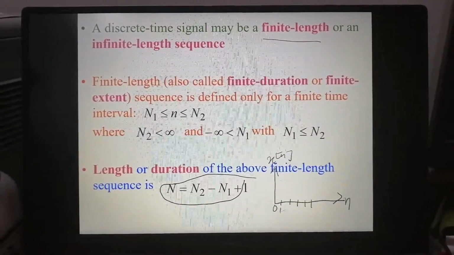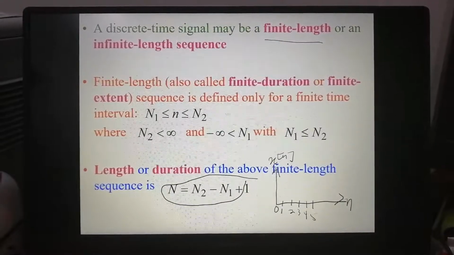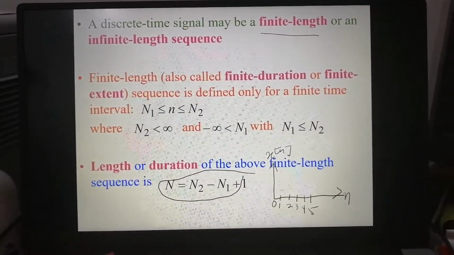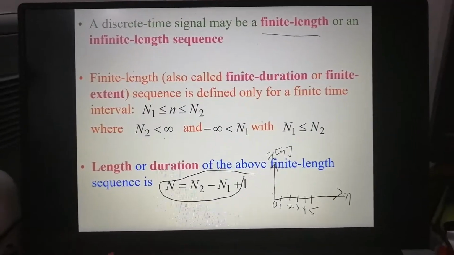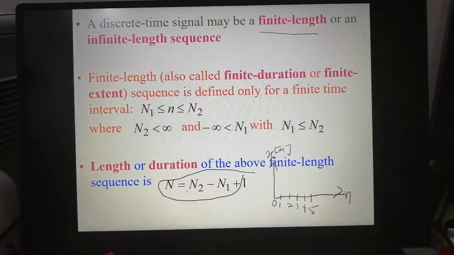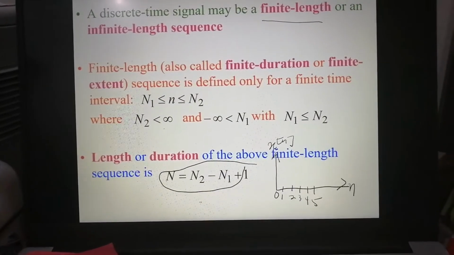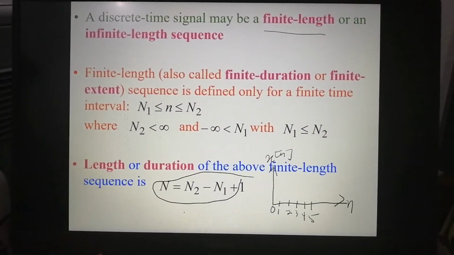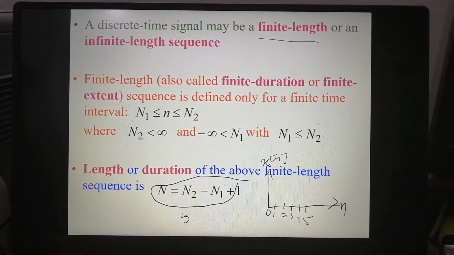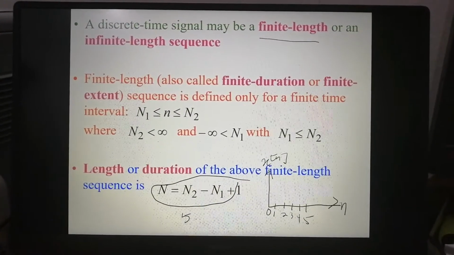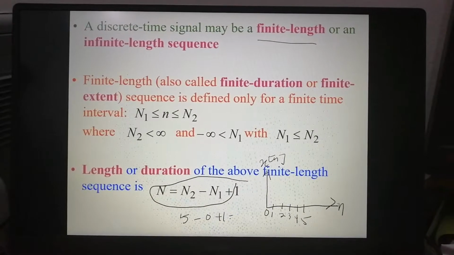Kalau kita tengok ni length dia pendek je, so kita tahu ini adalah 6 sampel saja. But if we use this formula, you see that dia adalah 5 tolak 0 tambah 1, so dia jadi 6.